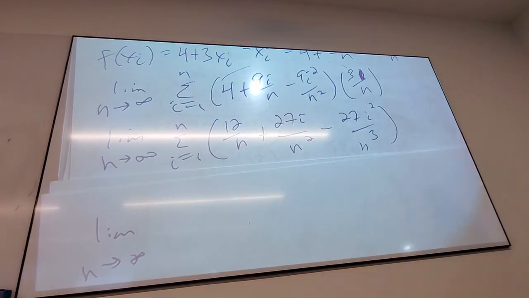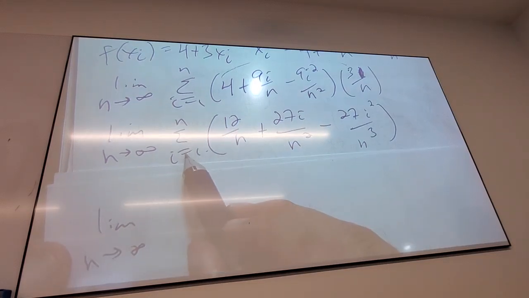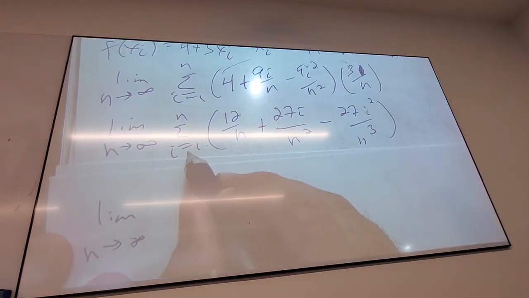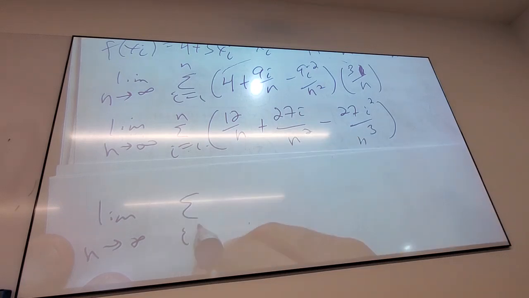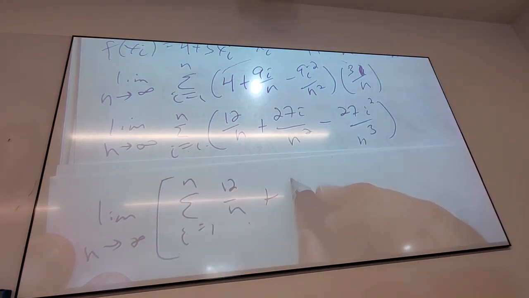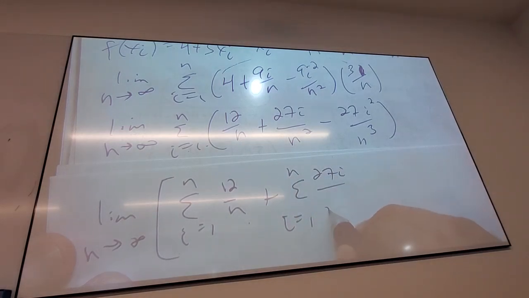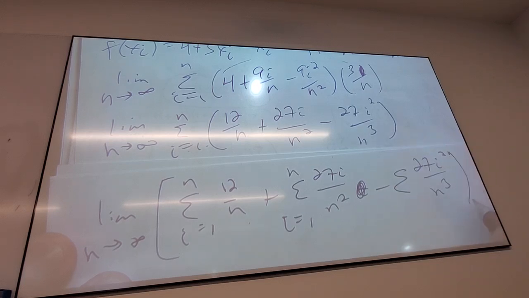Okay. So what I'm going to do right now is going to look like I'm distributing. I'm not, because this is not this times this. This is the sum of this. But how do I add stuff up? Well, I can add up these by themselves, and then add up these by themselves, and then these by themselves.